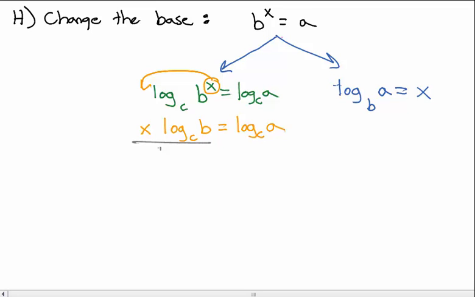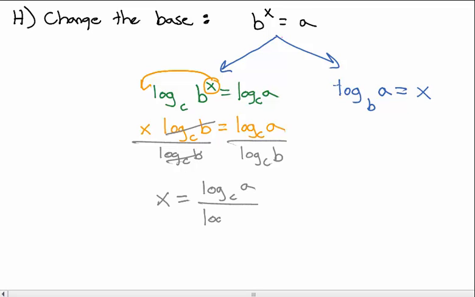Get x alone by dividing both sides by log base c of b. And x is equal to log base c of a over log base c of b. Here's where we get our formula.